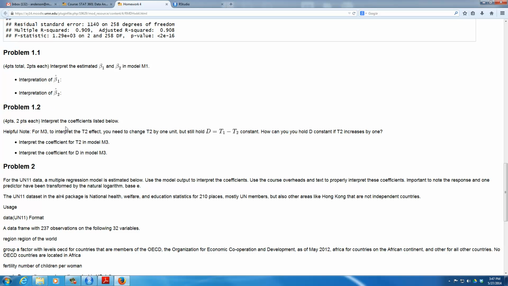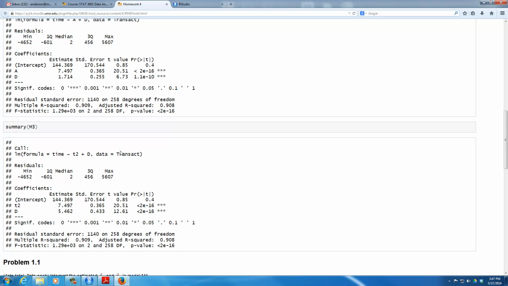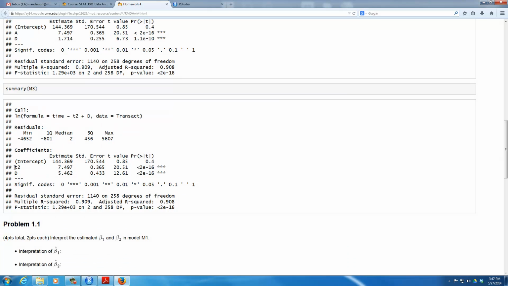The next part of the problem asks you to interpret the effects in model M3. What does the coefficient for T2 mean in model M3? So I'm asking you to interpret this number right here, T2.